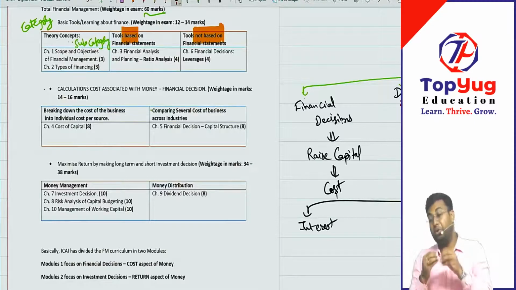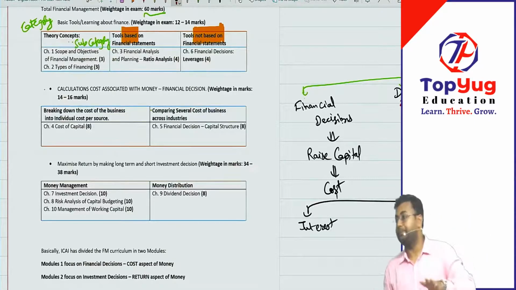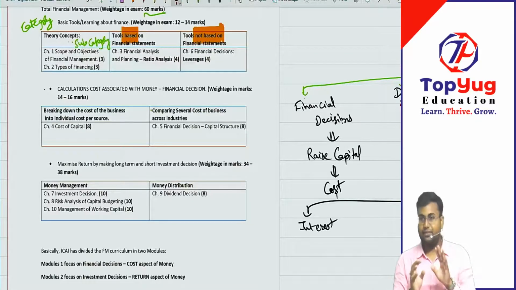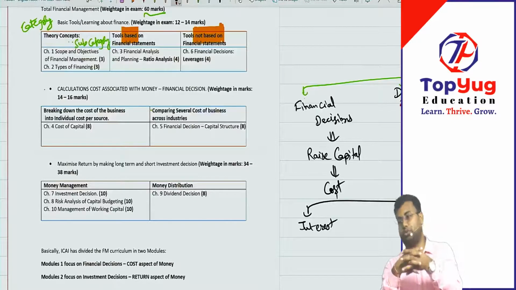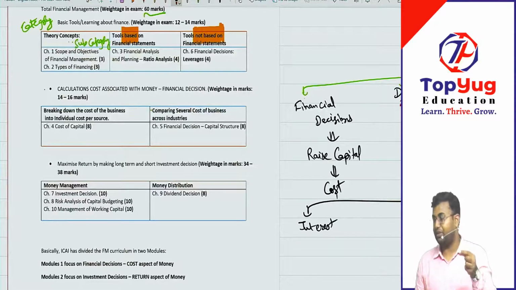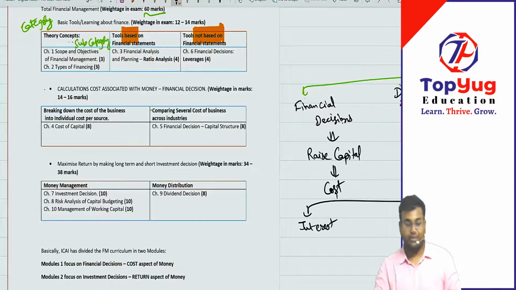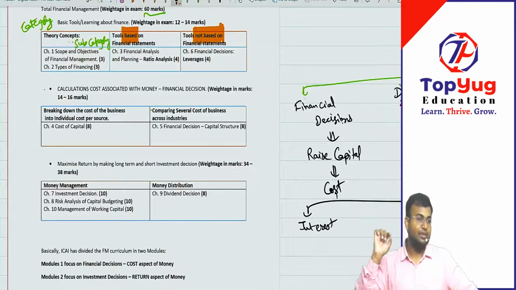Now, second question. Do you believe that a business should have only debt capital? So you come to a common point where you say there should be a mix of both. What is the right mix for your business? You are going to learn that in the second part, financial decisions, capital structure.